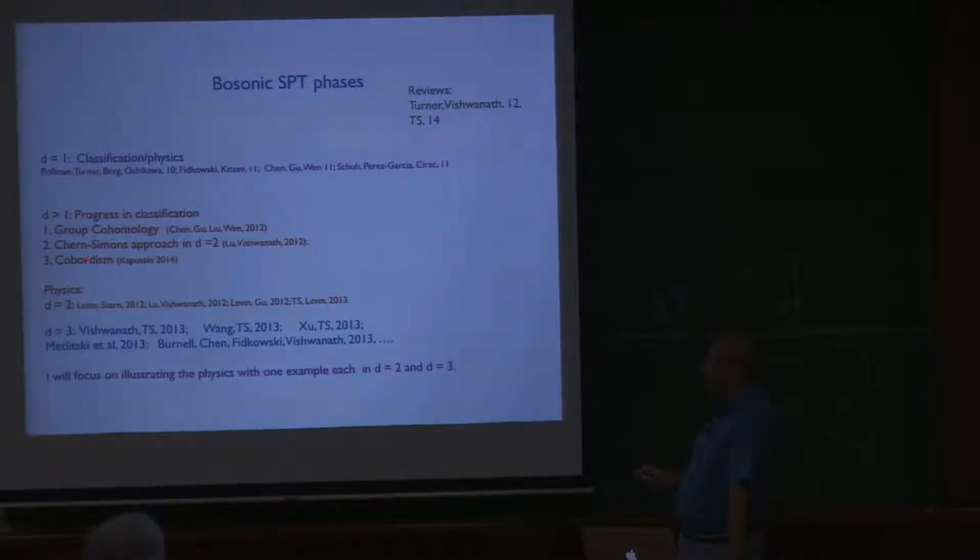Now in 3 dimensions, group cohomology misses a phase and cobordism finds it. And so cobordism, at least in 3 dimensions, is more general than group cohomology. I'm not sure about the status beyond 3 dimensions. People in the field argue about which one is better beyond 3 space dimensions.